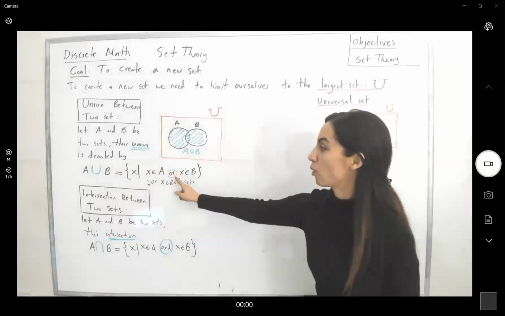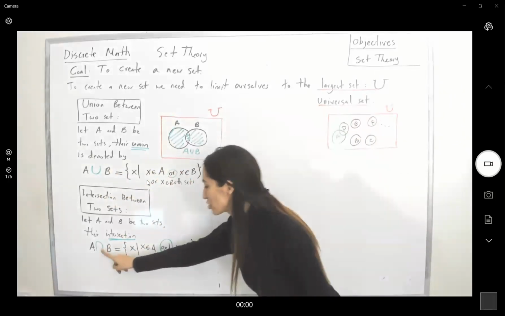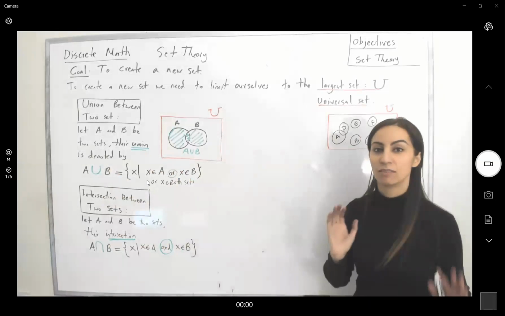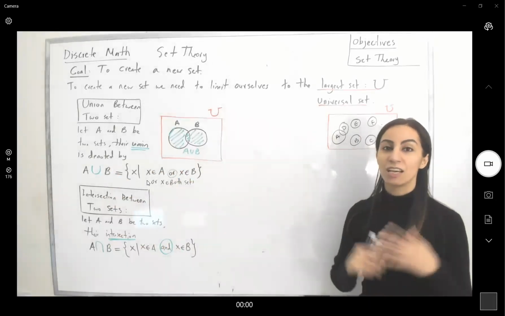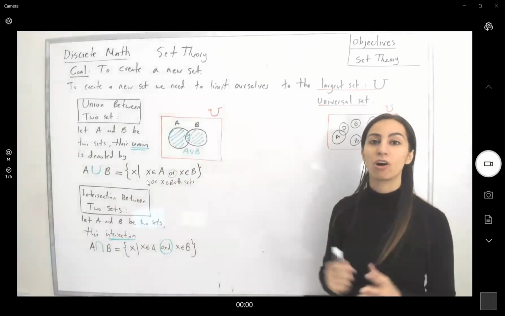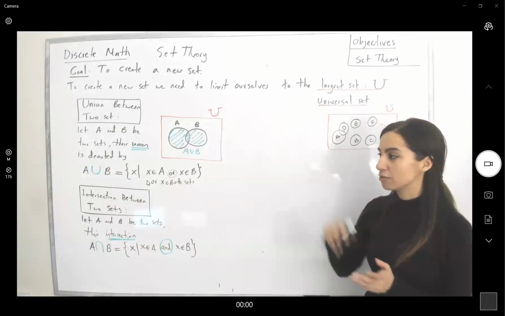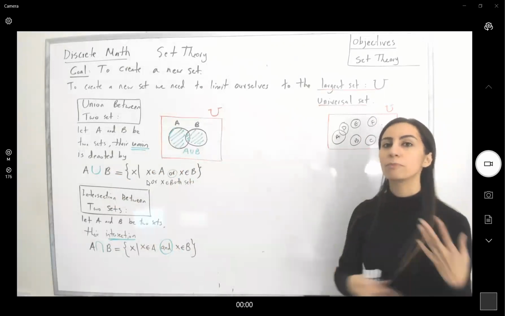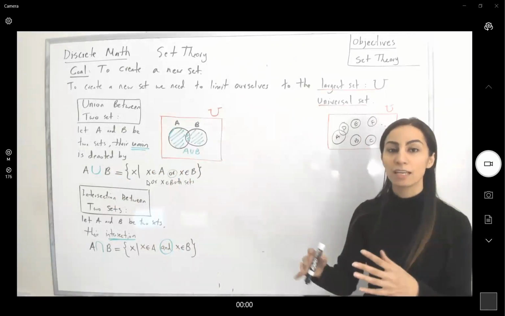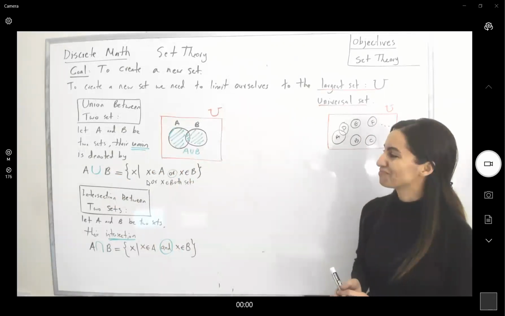Recall what we talked about in chapter 1: logical connectors, conjunction, disjunction. We're going to use those when we're interpreting the statements involving sets.